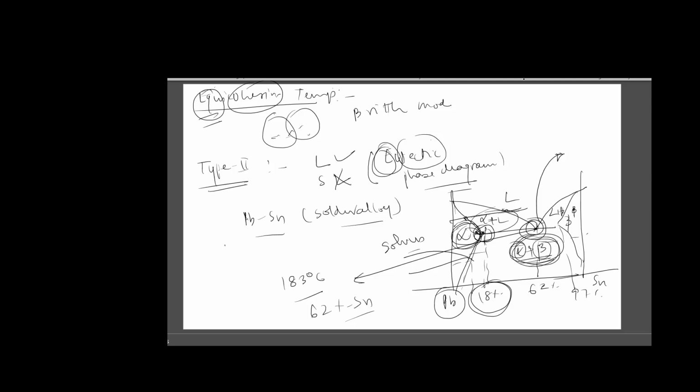It is only observed in type 2, where there is complete solubility in the liquid and partial solubility in the solid phase. At this point there is no mushy zone, and liquid directly converts into solid, but it will be two different solids.